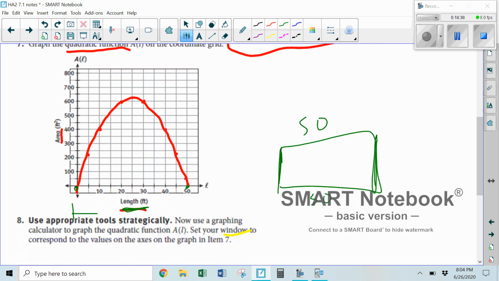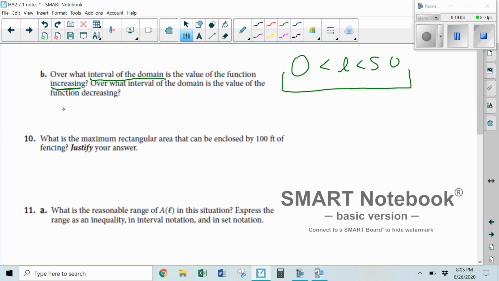This is my entire domain, my entire x value, or in this case, L. Is this graph increasing the entire time? No, it's increasing from 0 up until an L of 25. That's what it's asking. Over what interval is it increasing? It's increasing from 0 to 25. So we will answer 0 to 25.